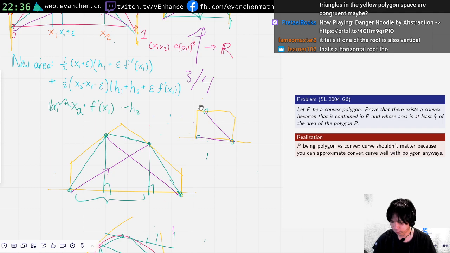All right. Well, that's a horizontal roof. Oops. Well, I think horizontal roof was meant.